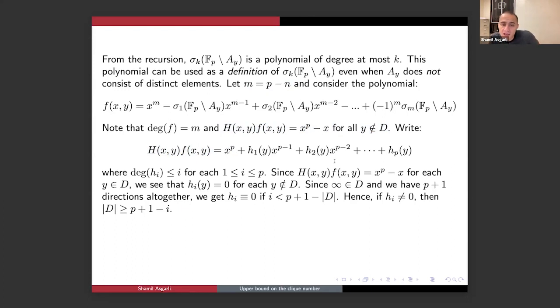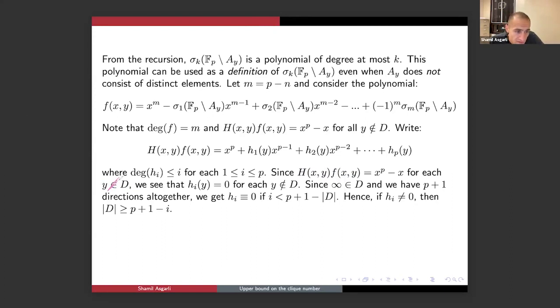And I can write down the rest of the coefficients, which of course depend on y in this way. So I'm writing the product as a polynomial in x with coefficients depending on y, and the total degree is p. So the degree of h_i has to be at most i for every i. And because we know that h(x,y) times f(x,y) is x to the p minus x for each y that is not in D, let me just put that extra mark there.